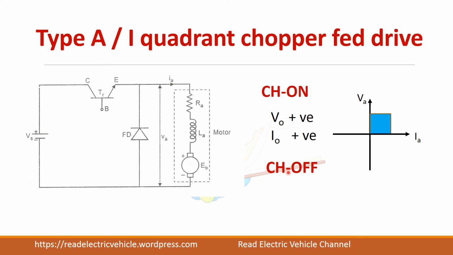When the switch is off, that is, you are removing this switch, then the current will freewheel through this diode. So output voltage is 0 and you get I0 as positive. I0 or IA is considered to be positive.